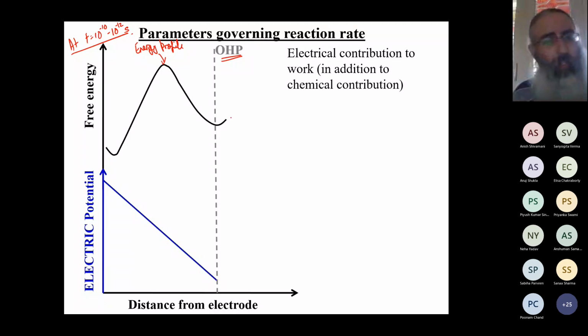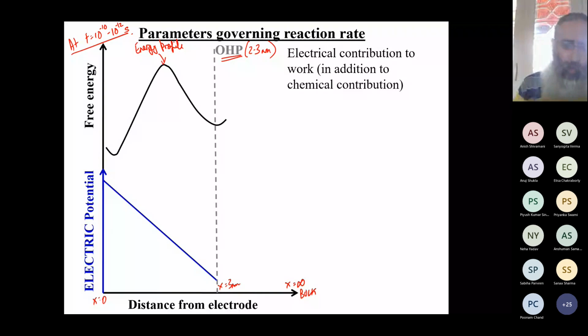And because we are interested in the dynamics very close to the interface, the outer Helmholtz plane, which sits roughly 2 to 3 nanometers away from the interface, is a large enough distance that we can monitor this within this space. So this is x equal to 0, this is x equal to 3 nanometers, and this is x equal to infinity, which is bulk.